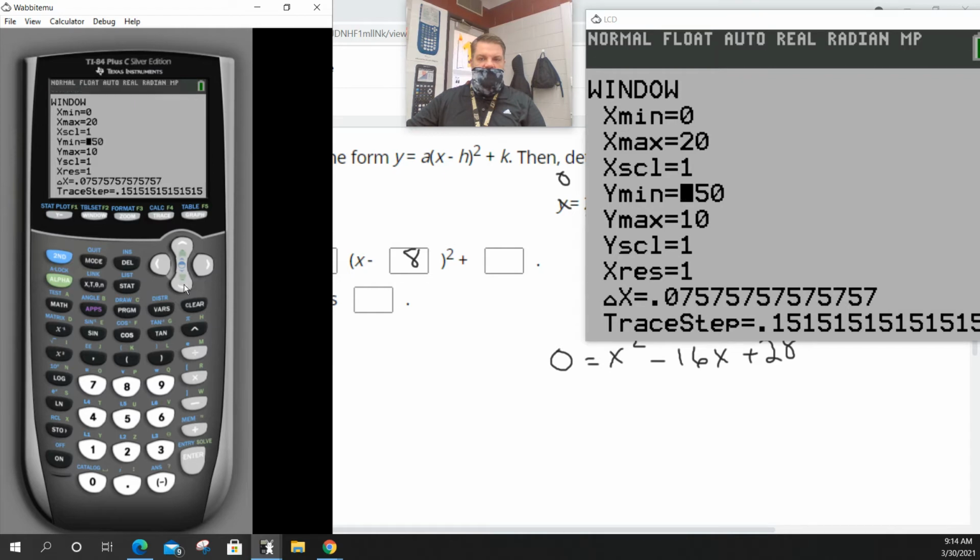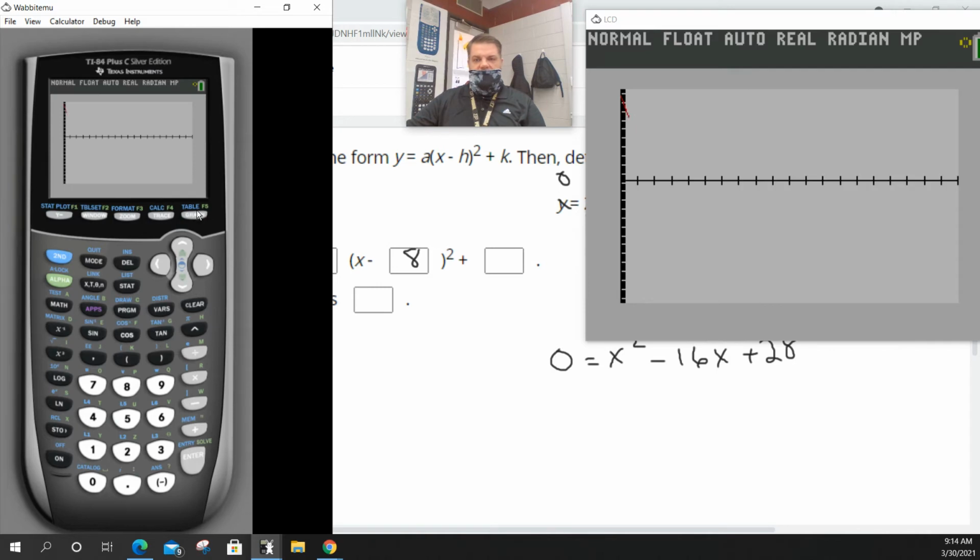And my y minimum actually needs to be lower, so I'm going to say negative 80, and then up to 60, because I know it's going to cross at 56. So now I'm going to hit graph.